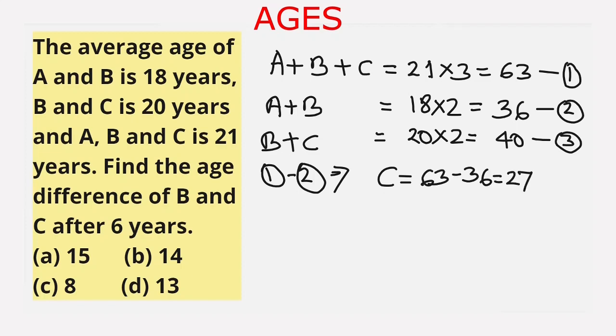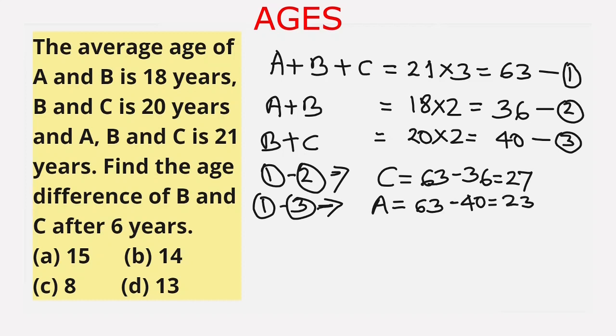And if we subtract the age of B and C from the age of A, B and C, we get the age of A, and this we can get from subtracting equation number 3 from equation number 1. So I write 1 minus 3, and this gives us A equal to 63 minus 40, which is 23.